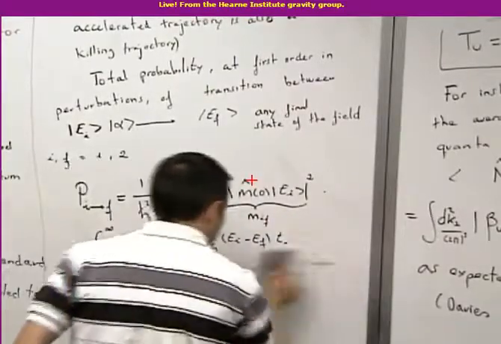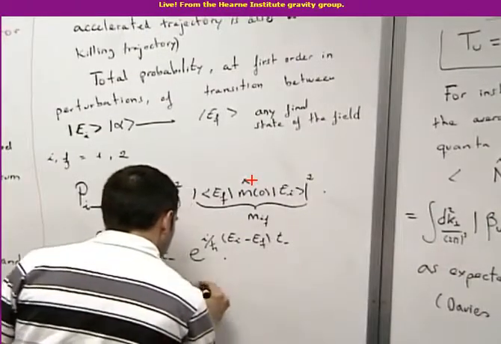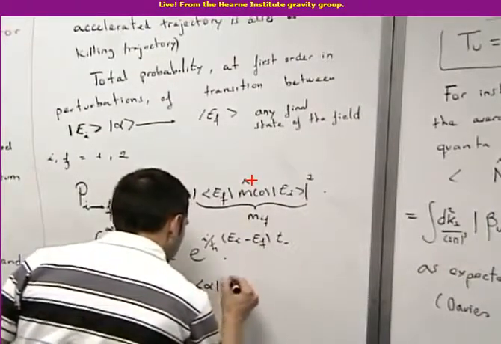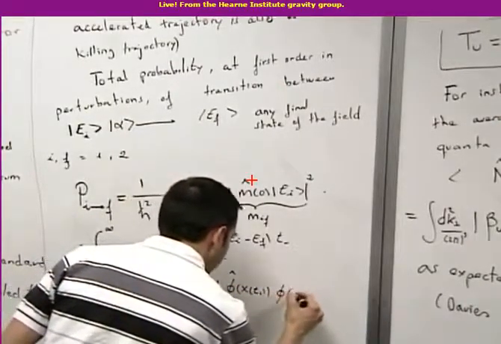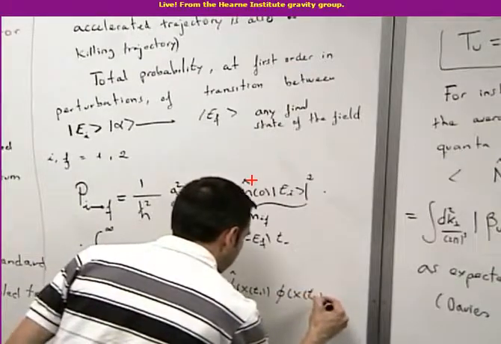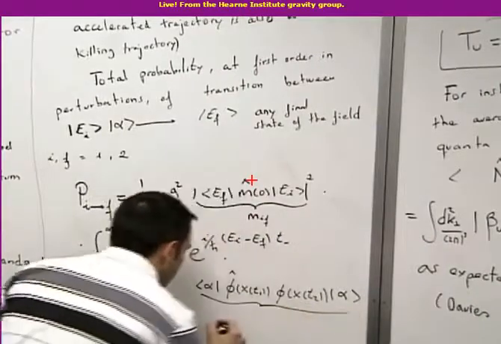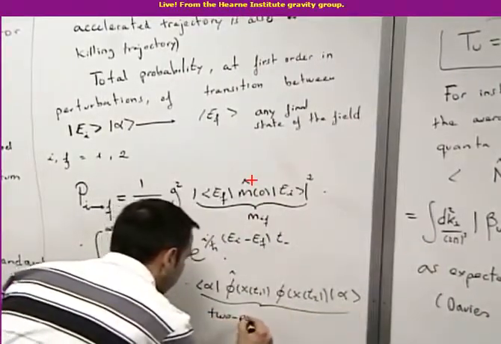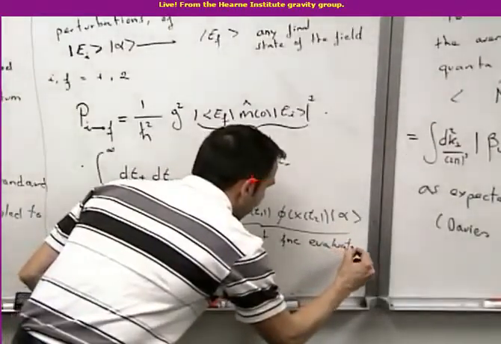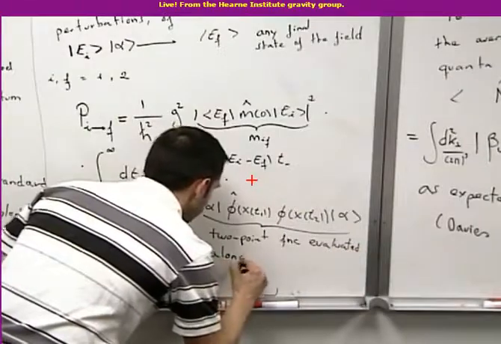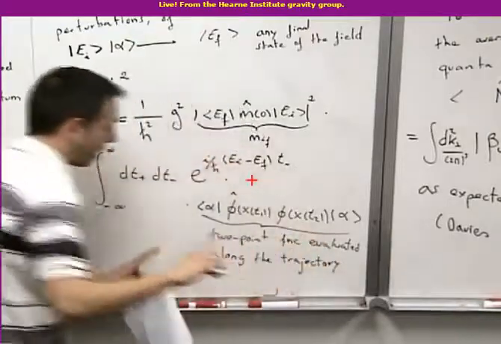I need more space, so let me start with the 2-point function here. The 2-point function of the field, where the 2 points are evaluated along the trajectory of the detector.